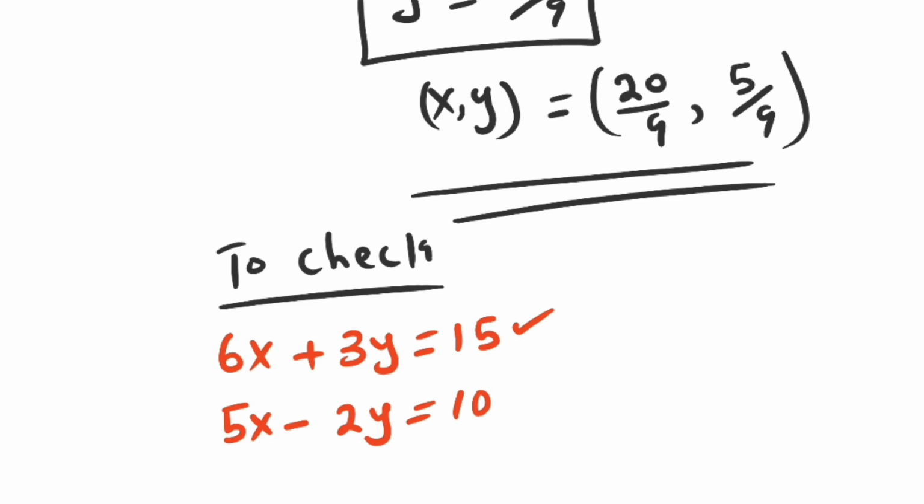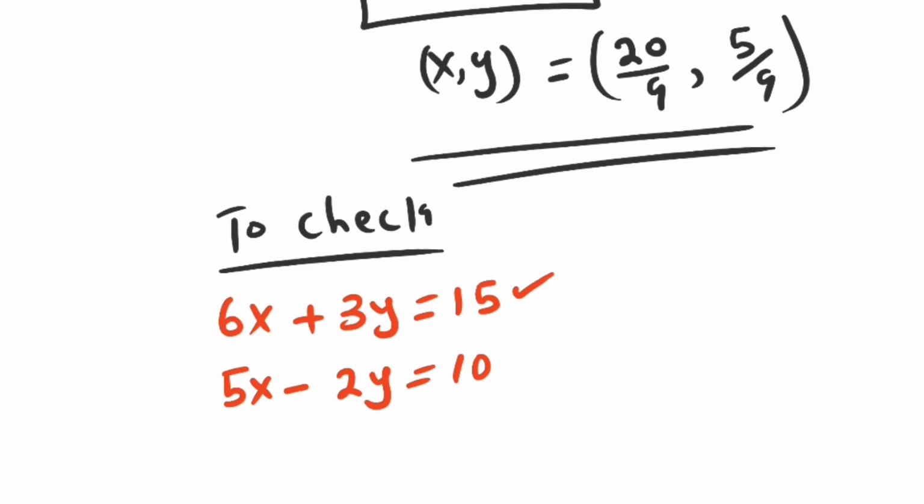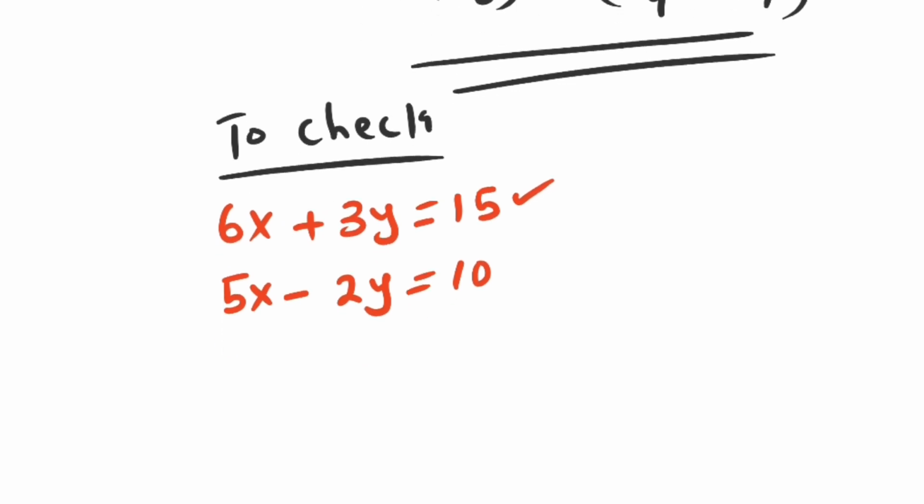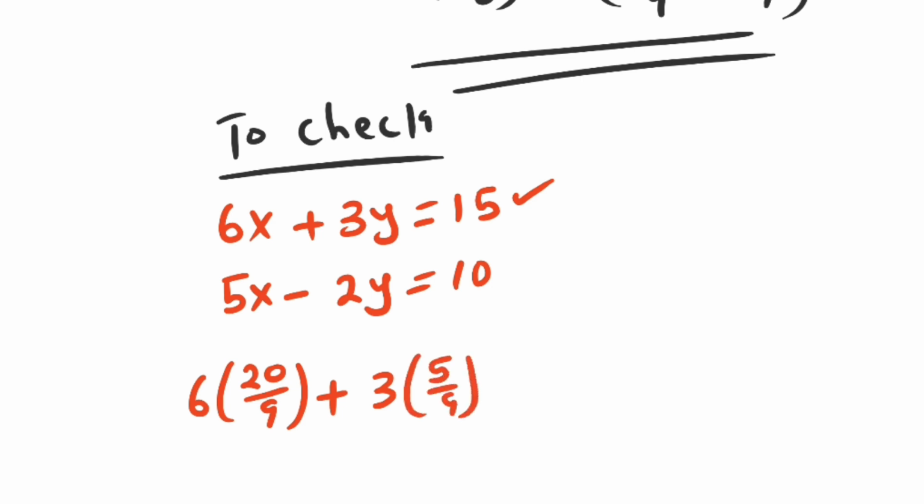If x is 20 over 9 and y is 5 over 9, then this is 6 bracket 20 over 9 plus 3 bracket 5 over 9 must be equal to 15.